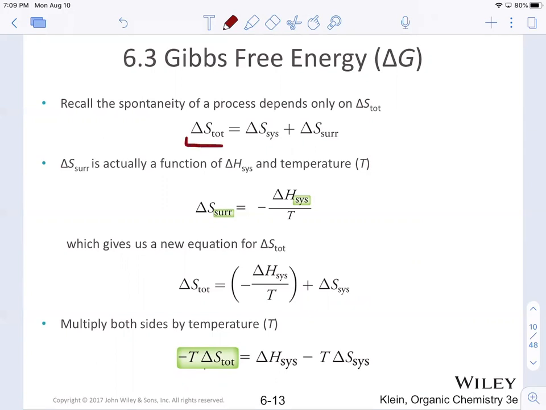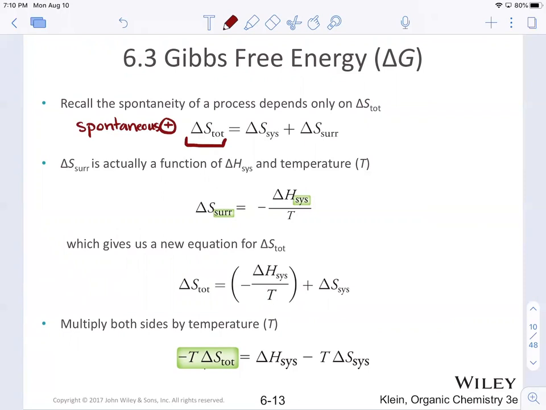So this delta S total should be positive in order for a reaction to be spontaneous, right? Remember, this is entropy right here, delta S total, entropy of the universe, sometimes written as delta S of the universe in general chemistry textbooks. So depending on where you're coming from, that might be what you have seen.